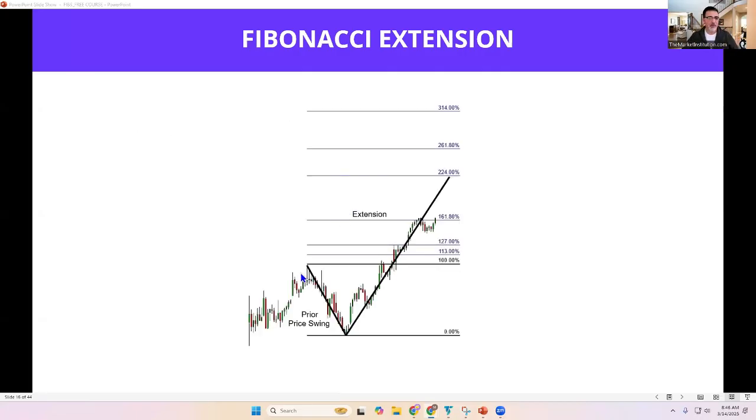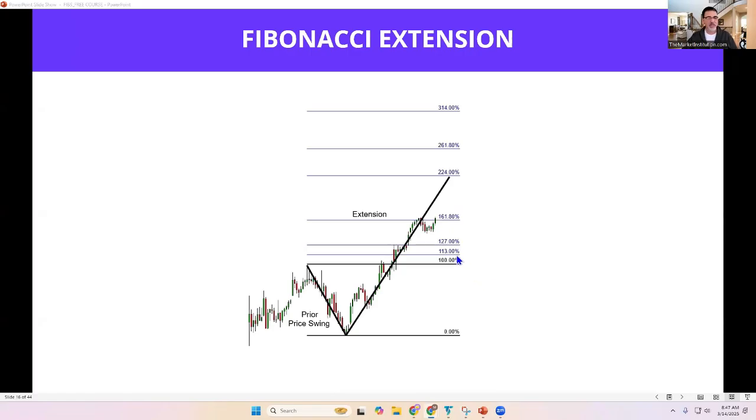So here we have price moving down and then shooting up. Now we have a Fibonacci price extension. Price extended beyond the prior swing. With Fibonacci extensions, we can anticipate various types of chart patterns going to the right side of the chart.